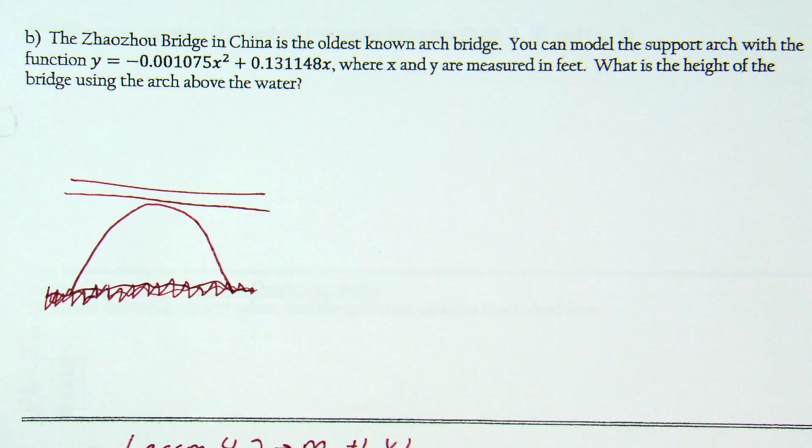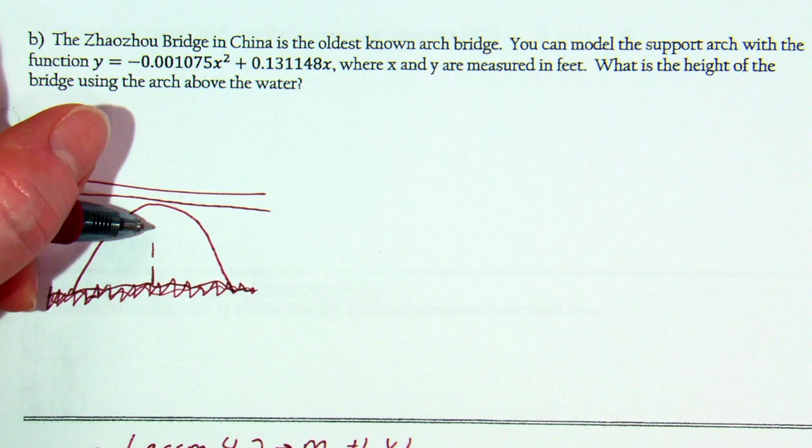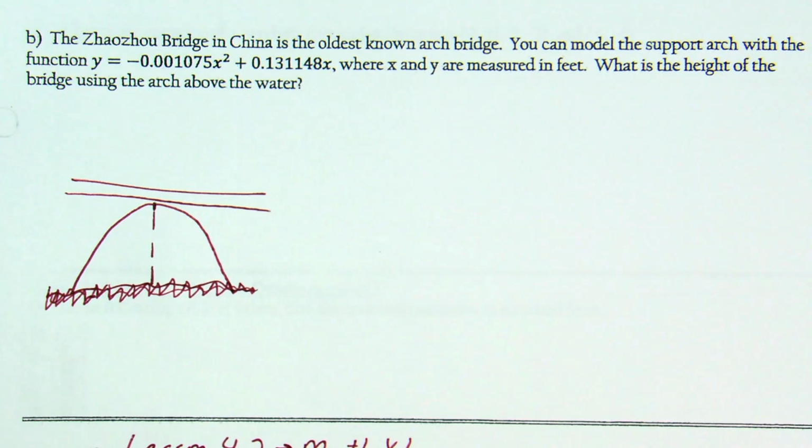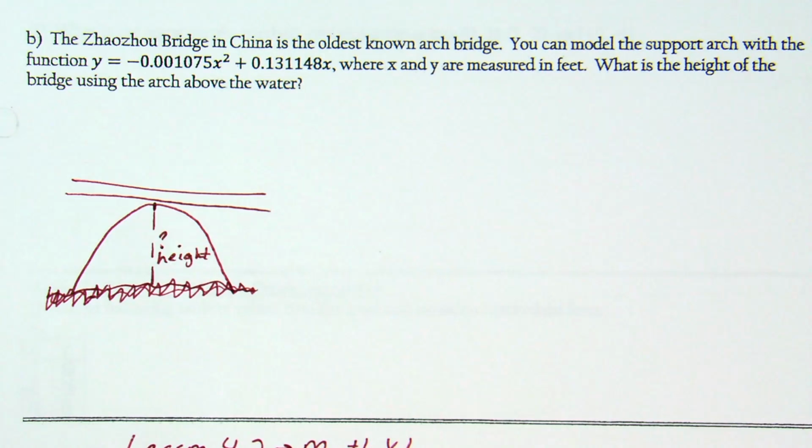How are we going to find the height of the bridge? In other words, where is the height here? I want to find the height of this bridge, the height of the arch above the water. Any thoughts on how I can find the height?